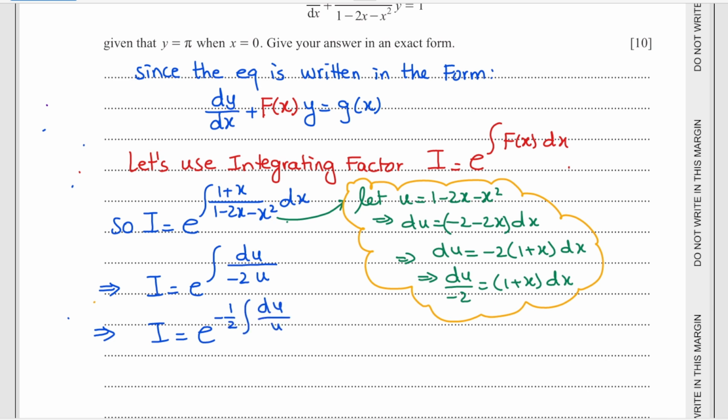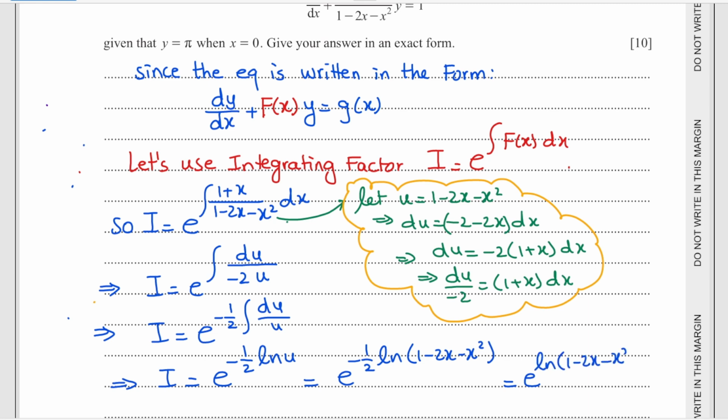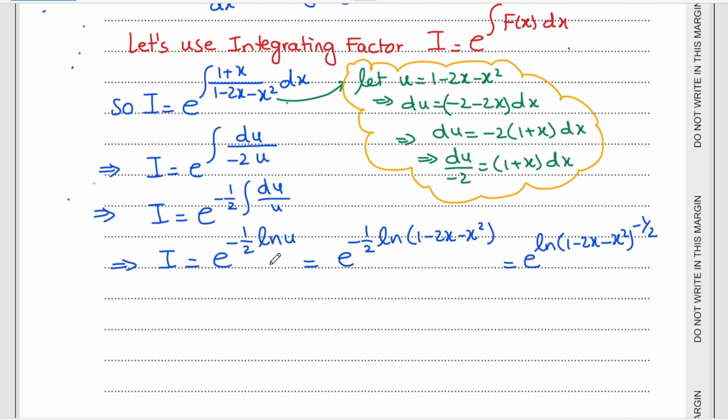I took the constant out. So I equals e to the power -1/2 ln u. Replace u by x again, so I get e to the power -1/2 ln(1 - 2x - x²), which equals e to the power ln of (1 - 2x - x²) all to the power -1/2.